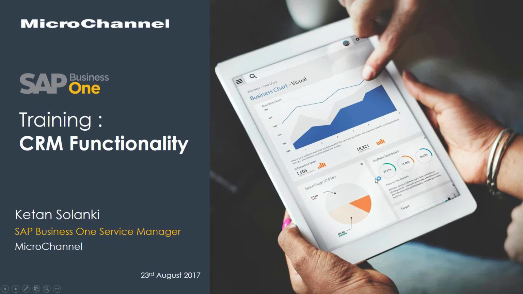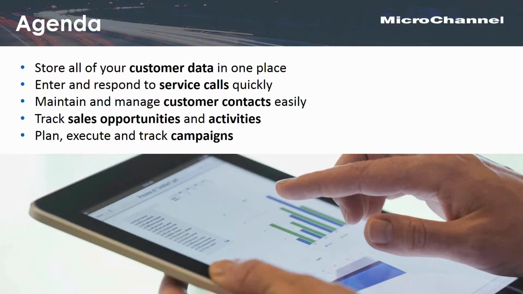So to start off with, we'll have a look at the agenda for today's webinar. We're going to be looking at how we can store customer-related information on the master record.